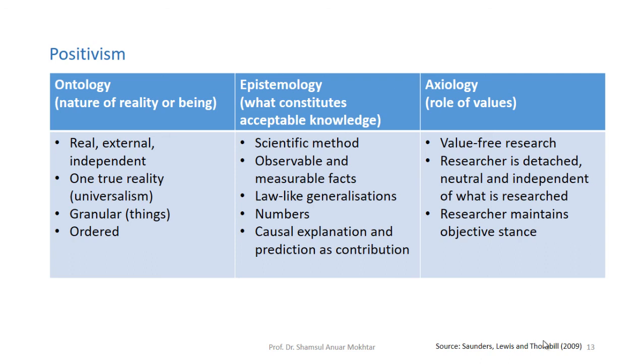For example, if I am doing scientific research under the positivism research philosophy, and let's say I am a Muslim. As a Muslim, when I conduct whatever positivist related research, my values as a Muslim should not and cannot influence the result.